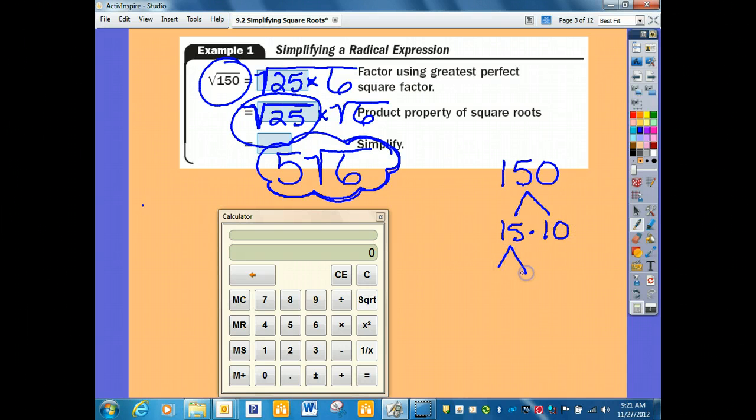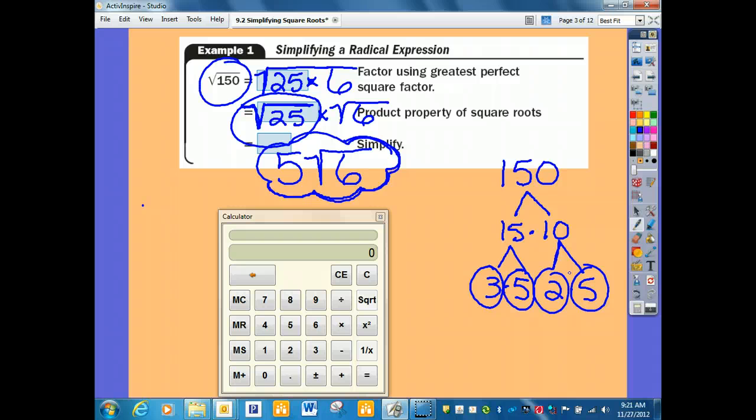Break this down to 5 times 3. Are those prime now? So that one's done. The best thing to do is to circle them, because we know those are done. Now we break down the 10 to 2 times 5. Are 2 and 5 prime? Good. So now we've got our prime factorization.